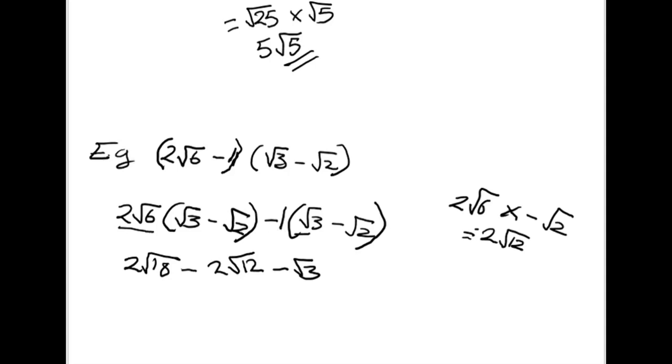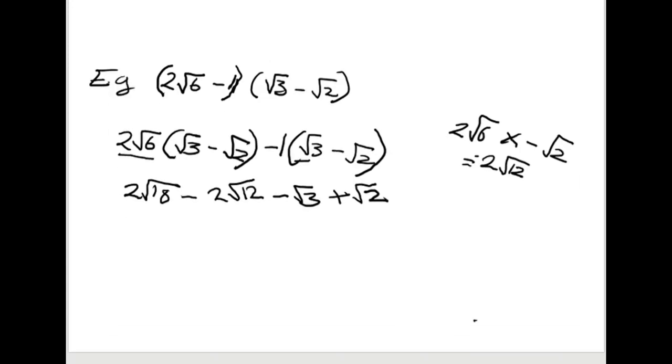So plus 1 times minus root 2, and plus times minus will be minus. 1 times root 2 is root 2. Okay, same process we did in the first example.